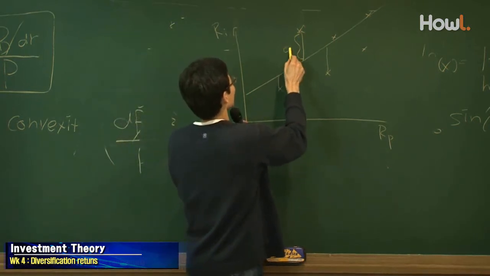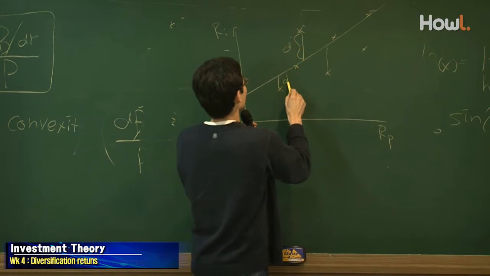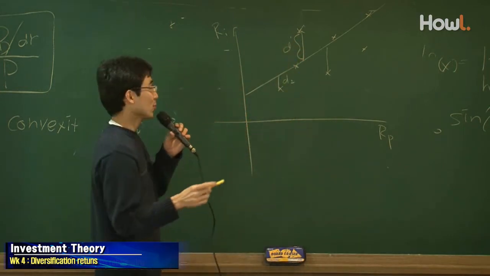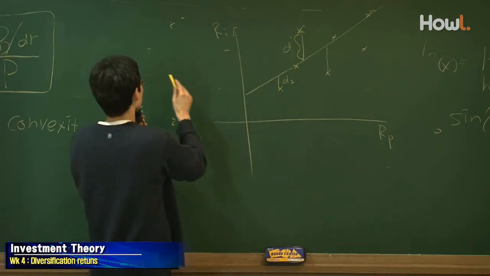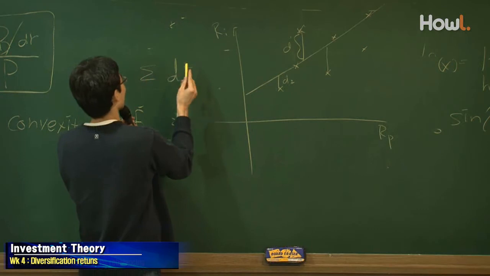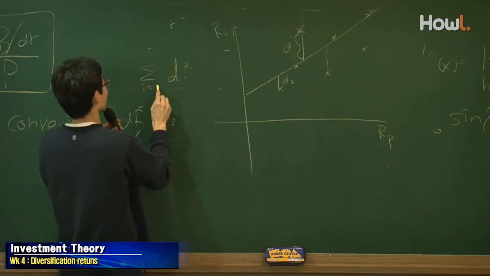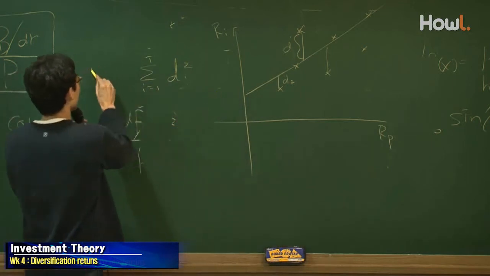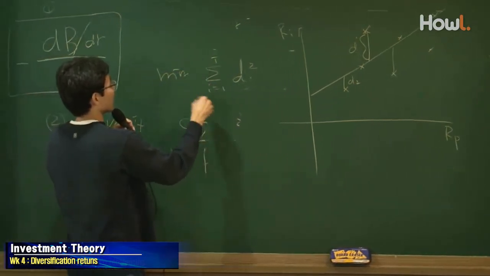So let's say it has lengths d1 and d2; one has a plus sign, the other has a minus sign, right? When we say this fitting line, we want to minimize the sum of these squares, where d is the length there. So this line minimizes this thing.